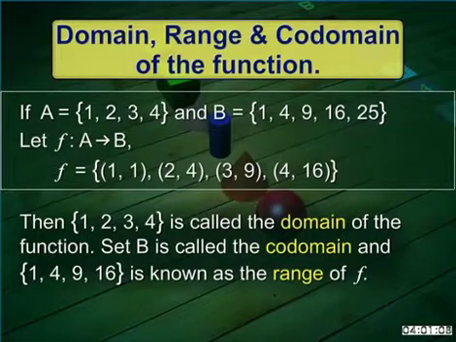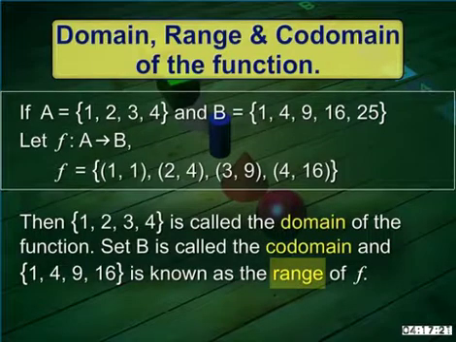Then the set A is called the domain of the function and set B is the codomain, and the set containing elements 1, 4, 9, 16, which are the second elements of the ordered pairs, is known as the range of function f.